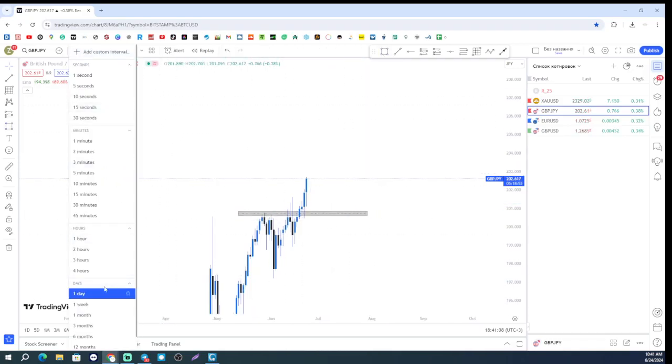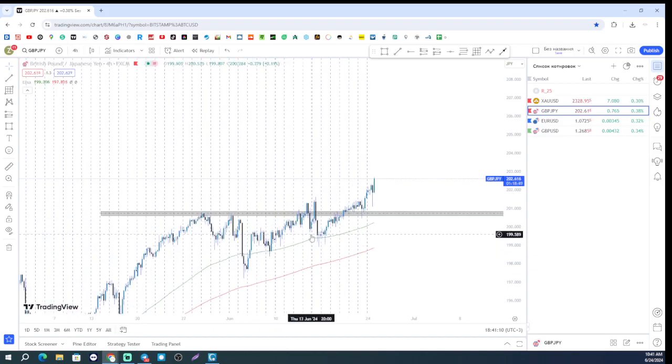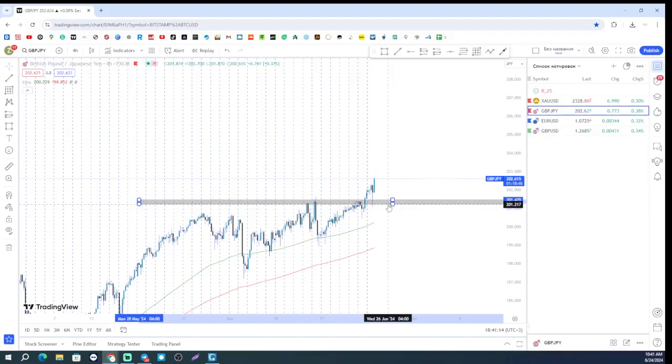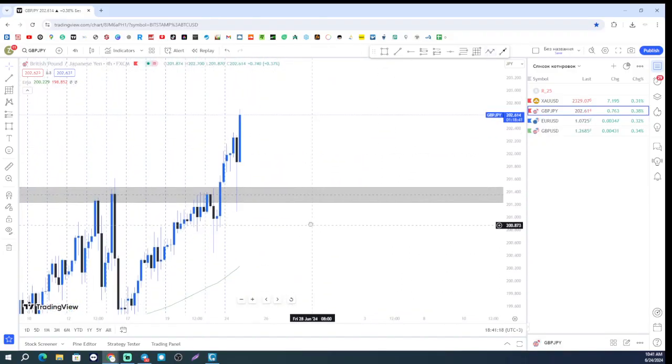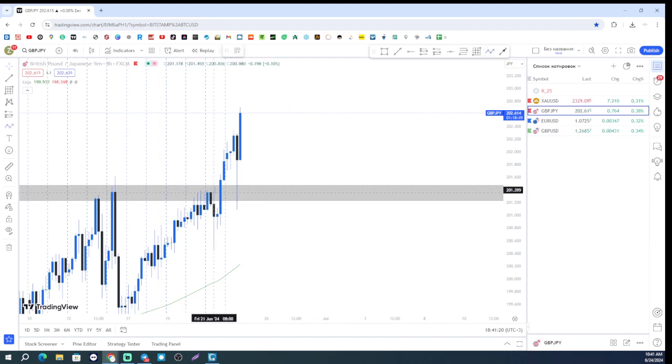So that's what was on the 4 hour. Yeah, it kind of was the consolidation. But at the same time I was putting my levels right here. So that's what happened. It just kind of broke, but that was today: break, retest, beautiful rejection, and now it's kind of making a bullish engulfing.